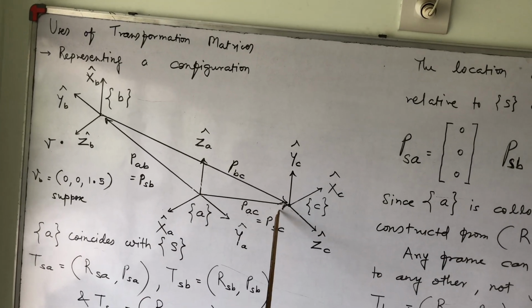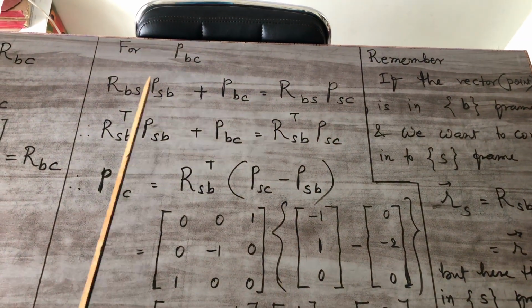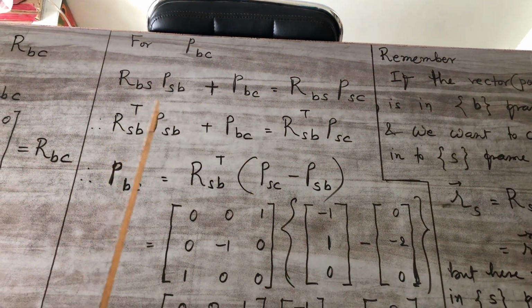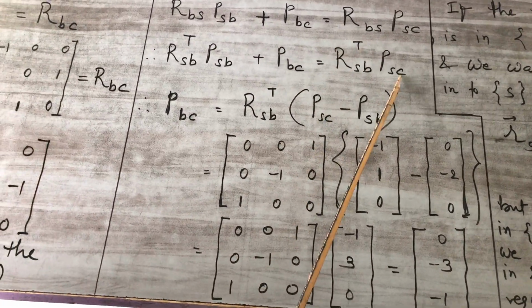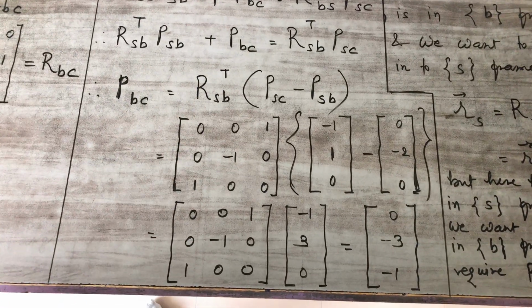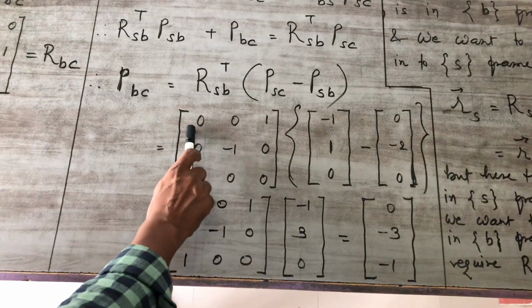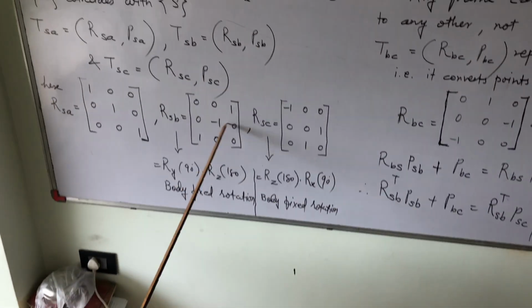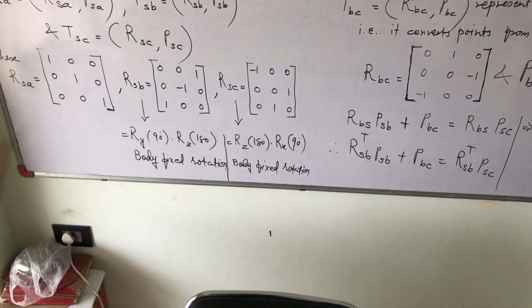This is in S frame. So here also R_BS into P_SC, subscript cancellation rule. Now R_BS is R_SB transpose, so R_SB transpose into P_SB plus P_BC equals R_SB transpose into P_SC. So transposing, P_BC equals R_SB transpose into P_SC minus P_SB. R_SB is this, but here, by chance, its transpose is also the same.